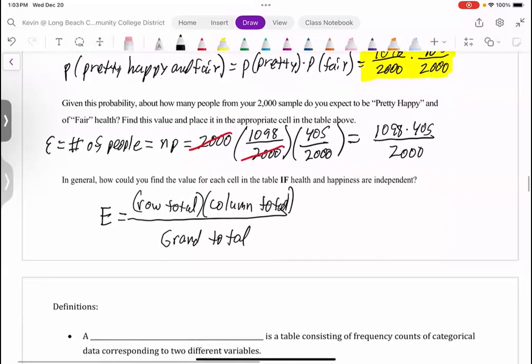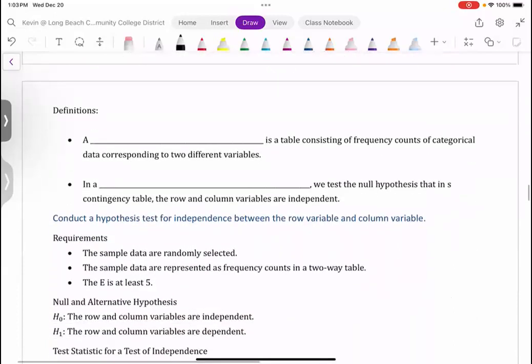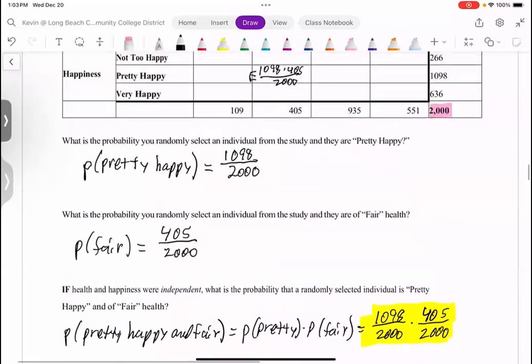All right, let us jump into some definitions. A little late on this one. This is a contingency table. A contingency table is a table consisting of frequency counts of categorical data corresponding to two different variables, which we just used, health versus happiness.